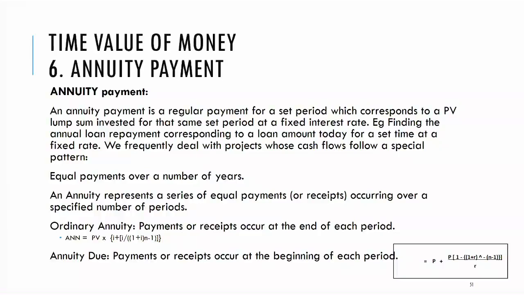All right, this is the formula: annuity equals present value multiplied by interest plus interest divided by 1 plus I to the power n minus 1. For annuity due, this is the formula.